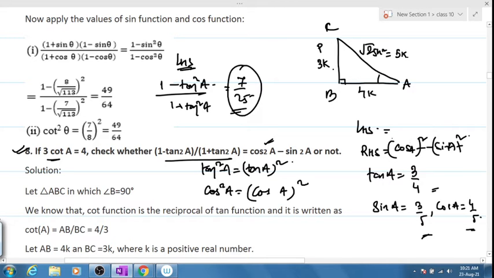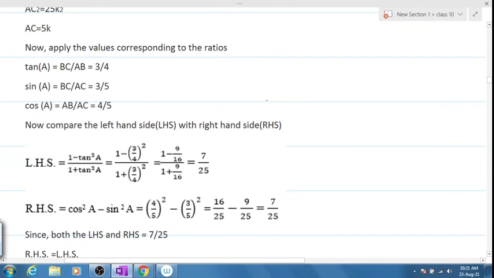Seven by 25. Can we say that these two quantities are equal? Yes or no now?